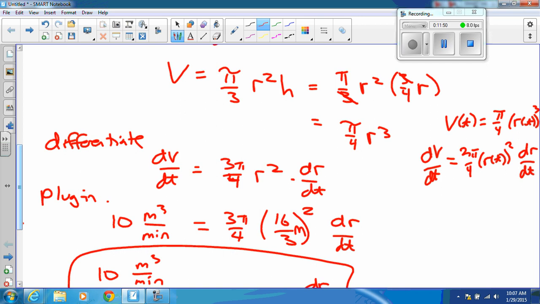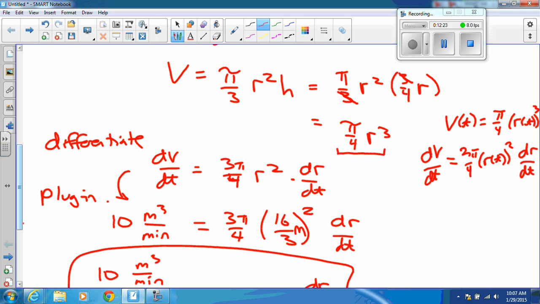Yes? Where'd you get the dr/dt right there? That's exactly what I was explaining to Lydia. Because the 10 meters cubed per minute is already a rate, I'm just confused right there. Okay. So you're confused about here to here, or you're confused about the differentiation process? Yeah, that part. Okay, right? So we are taking a derivative with respect to time, not with respect to radius.